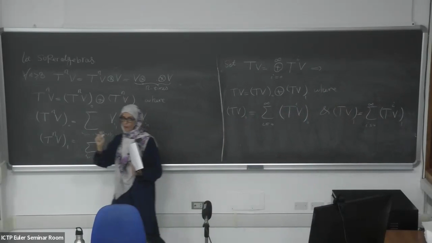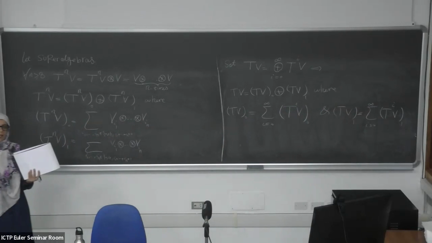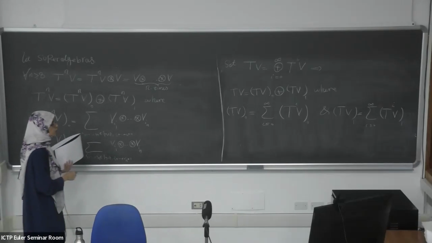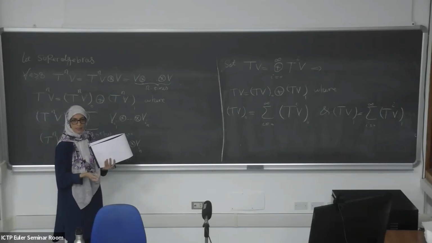We make the summation of all odd parts and the summation of all even parts, and then we get a superspace again. But this superspace actually is a unital associative superalgebra if I introduce a product on TV.